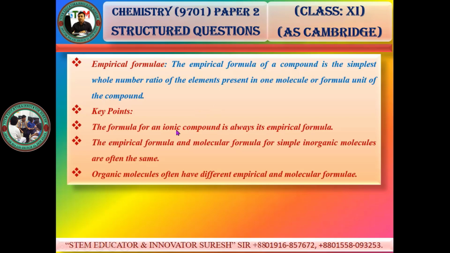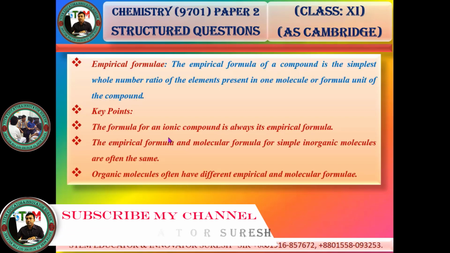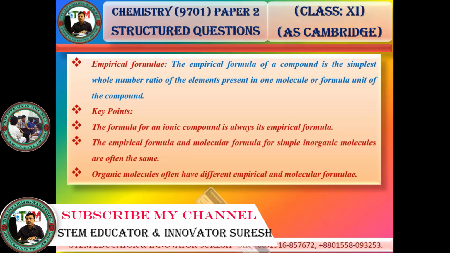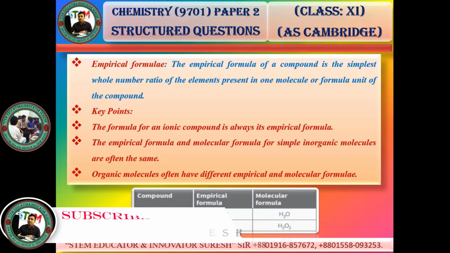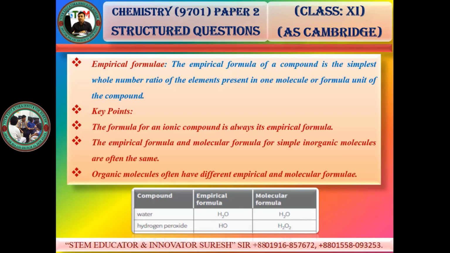If you remember these three things, you will be very clear on whether empirical formulas differ or not. Like this: compound water, empirical formula H2O, molecular formula H2O, whereas hydrogen peroxide empirical formula is HO and molecular formula H2O2.